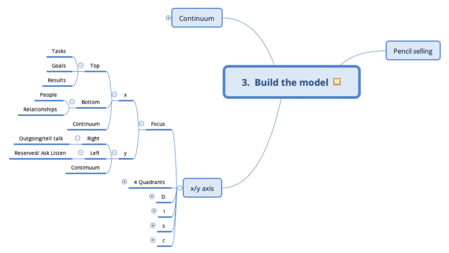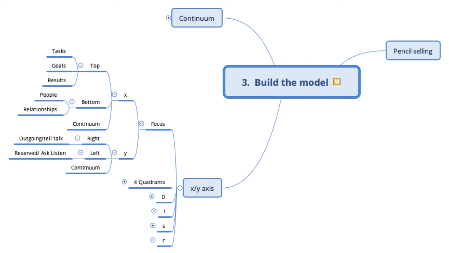And I explain how that's a continuum. You can be anywhere you want along that continuum between results and people in terms of where you naturally focus. And I also explain to them it doesn't mean that somebody who is results focused can't focus on people. Of course they can, but their natural style is to focus more on results and less on people focus and so on.